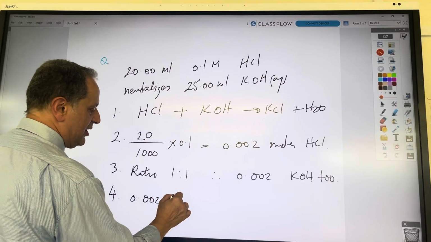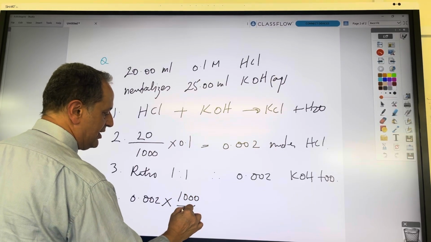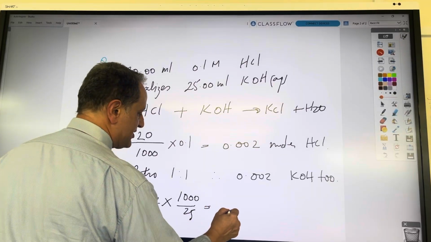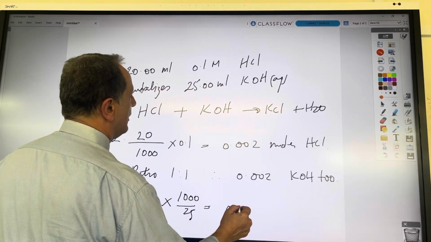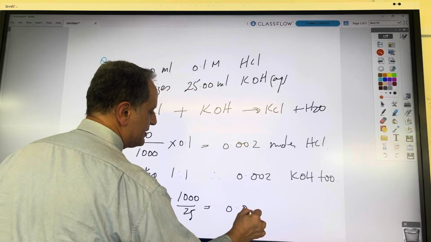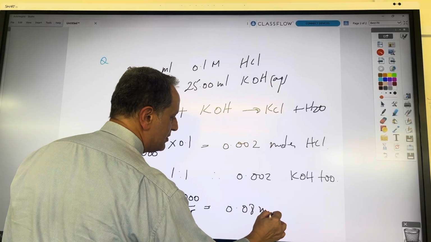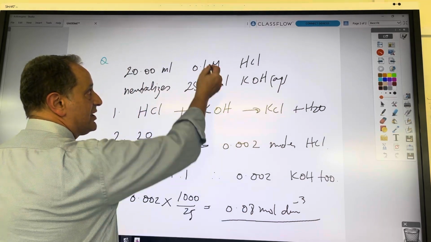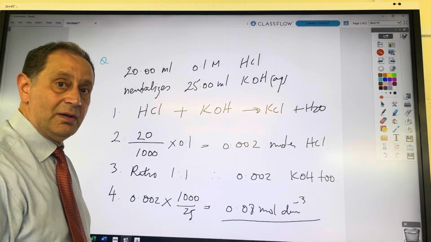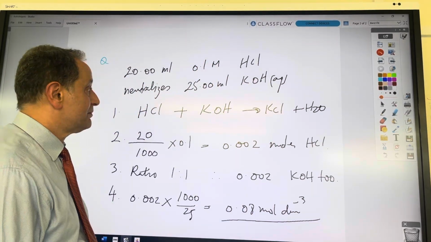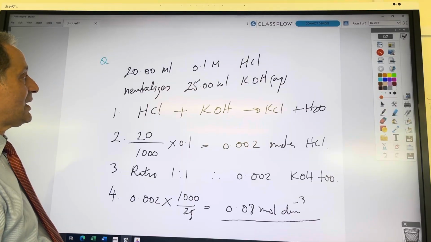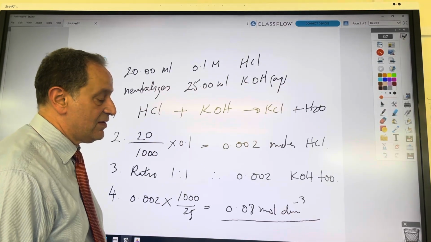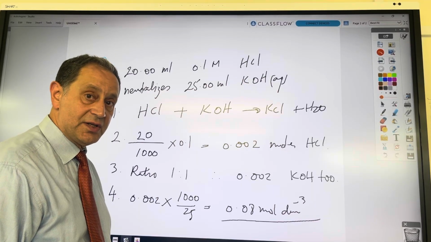So this multiplied by 1000 divided by 25. So in essence, you multiply it by 40, and that's 0.08 moles per decimeter cubed, which is slightly less than the 0.1 of the acid, right? You use more of it against less of acid, and therefore they neutralize each other.